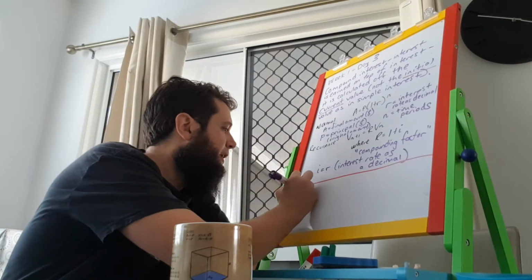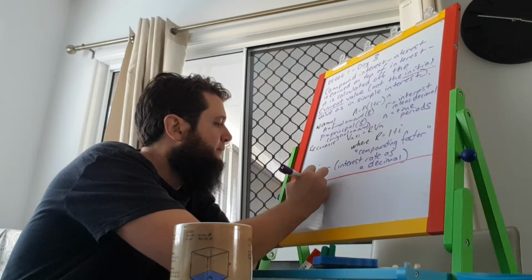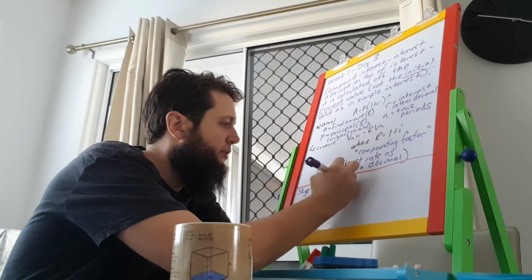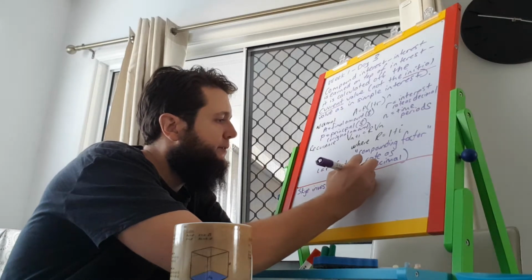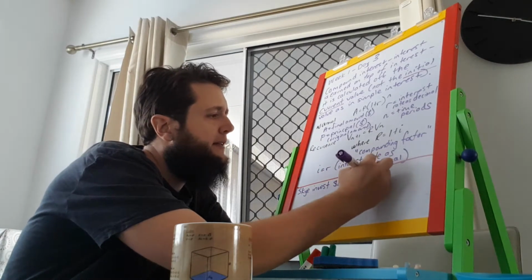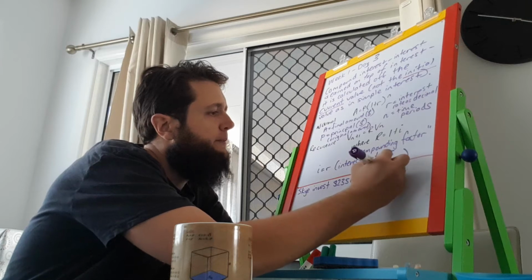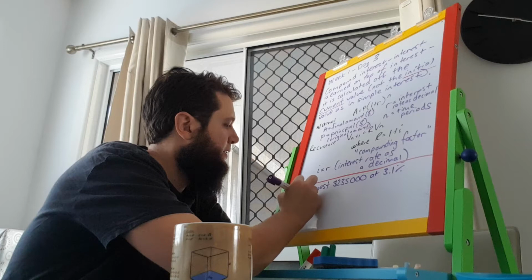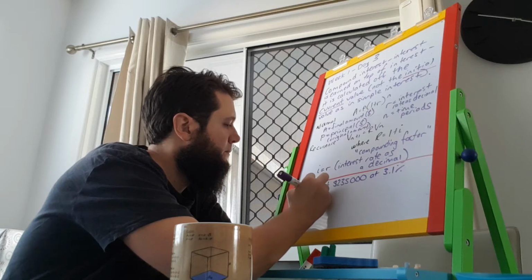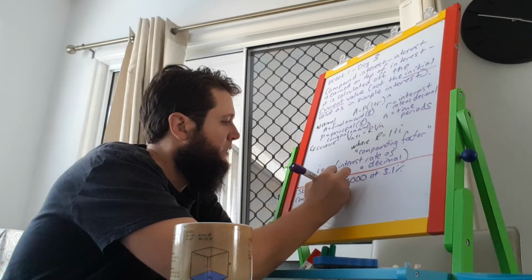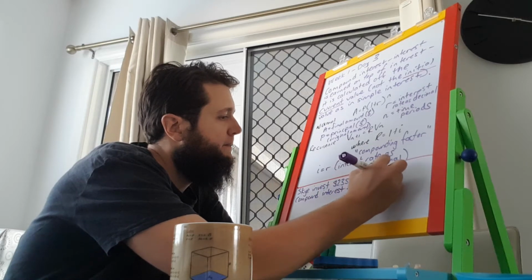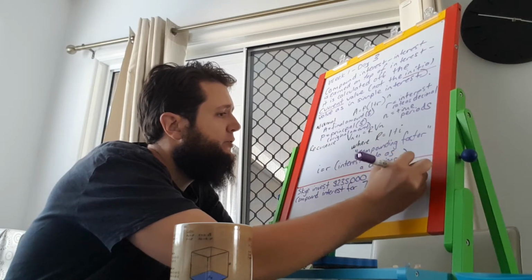All right, Sky's got a lot of money, $235,000 at 3.1% compound interest for 7 years. How much interest is earned?